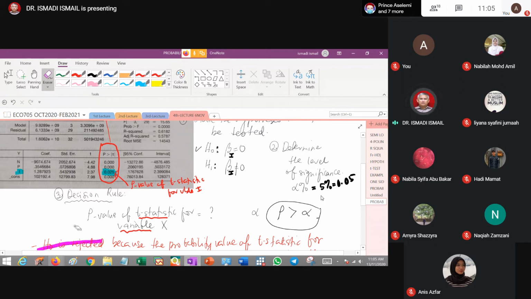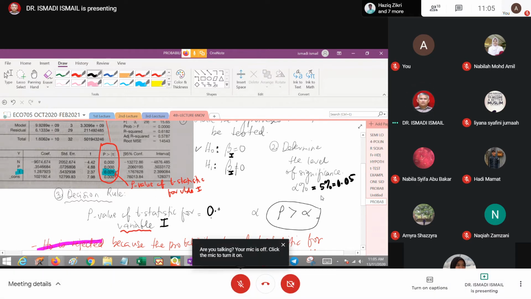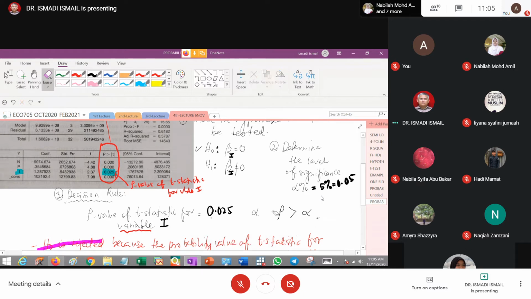So under the decision rule, the probability value of the t statistic for variable I is 0.025, and your alpha is 0.05.